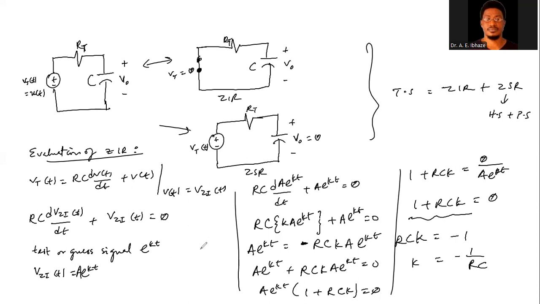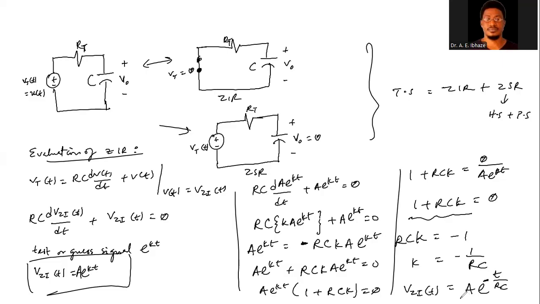Now that we have been able to resolve the value of K, we can plug that into the solution which we assumed or guessed. So that VZI(t) will now be equal to A e^(-t/RC), since K is now minus 1 over RC.